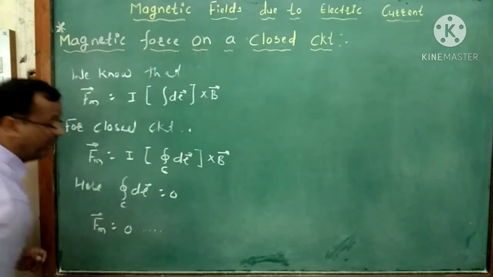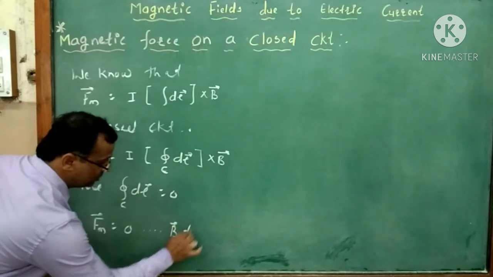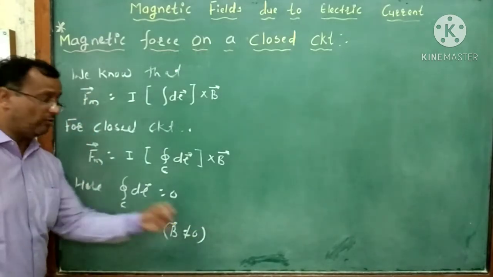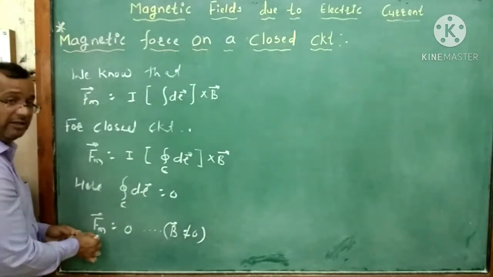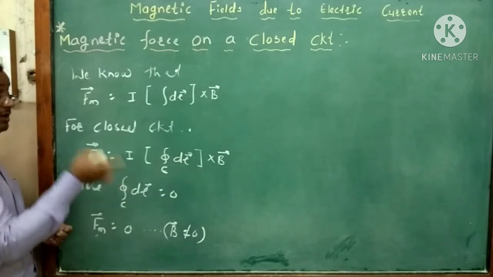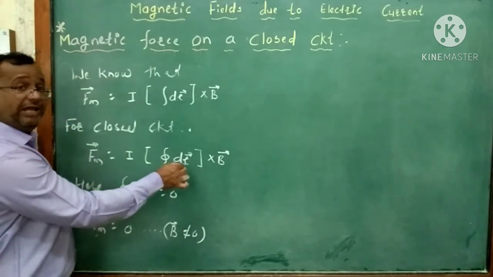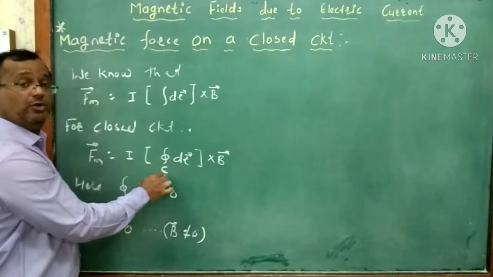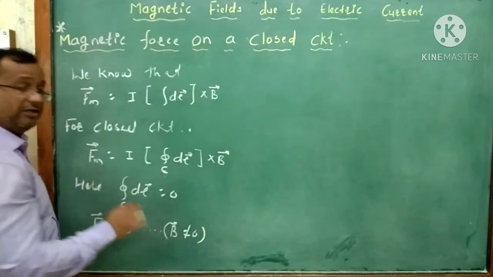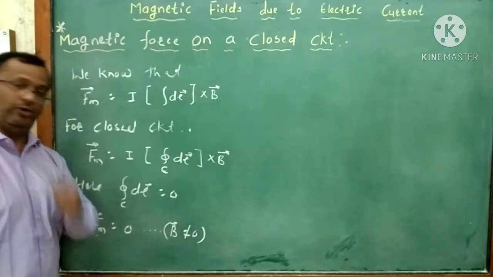Here B is uniform, or B is not equal to 0. Here the value of B is not equal to 0, and still the force acting on that closed loop or closed circuit is 0 because the value of this length vector for the closed loop or closed circuit is 0. So that's why the force acting on that closed loop is 0.